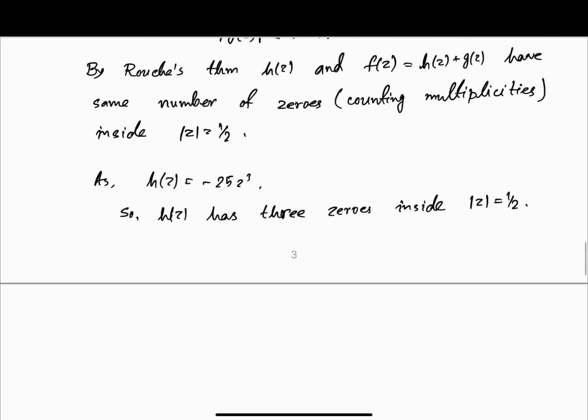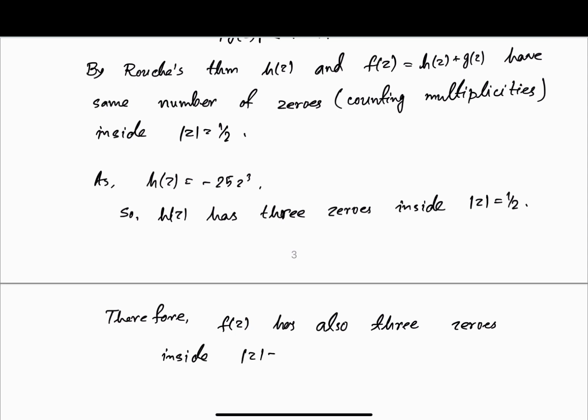Therefore fz has also 3 zeros inside mod z equals half.